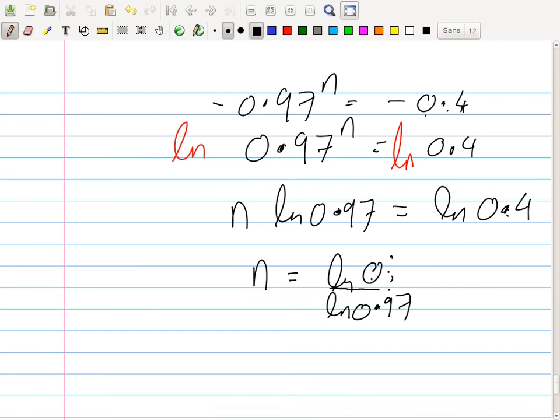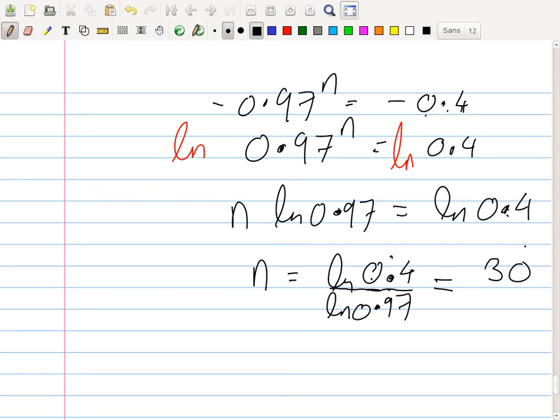Now what's the answer here? It's a positive answer. Yes, I know that much. What's the answer? 30 point something. Okay, so the answer will be 30. Why do I round down and not round up?